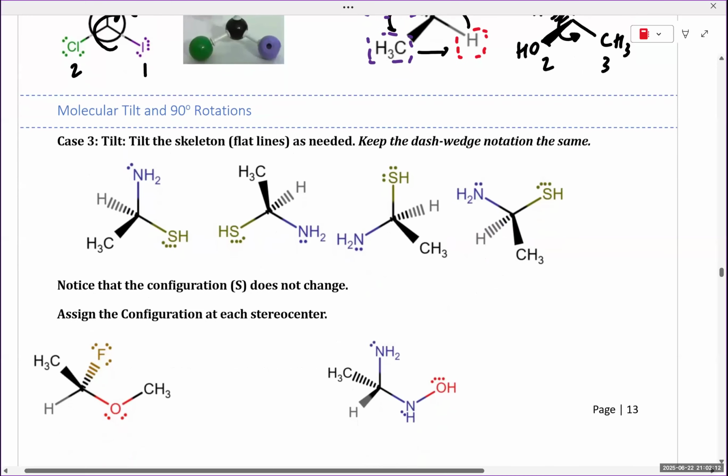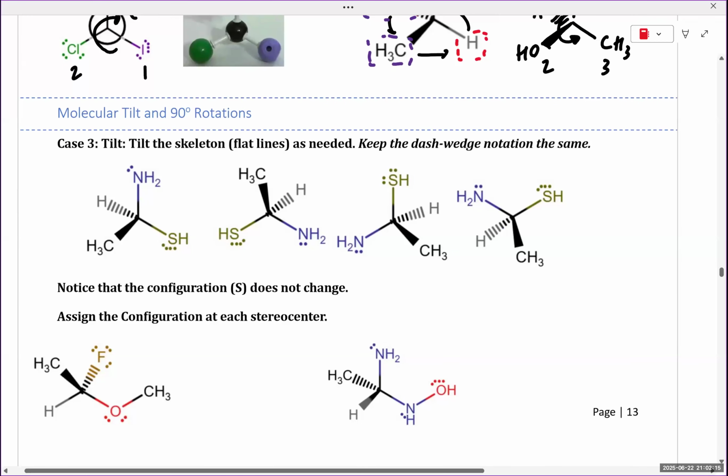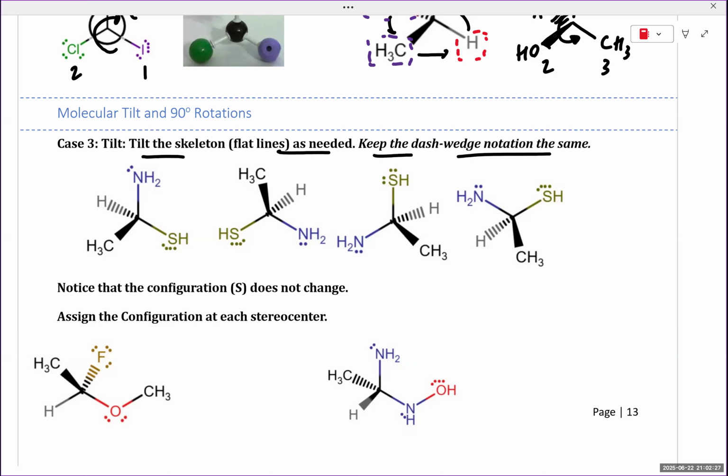Let's talk now about molecular tilting and 90-degree rotations. So if you want to tilt your carbon skeleton, what you do is you tilt the skeleton, the flat lines, as needed, and you keep the dash wedge notation the same.